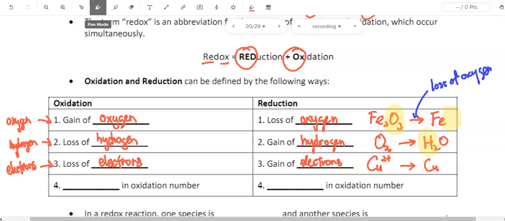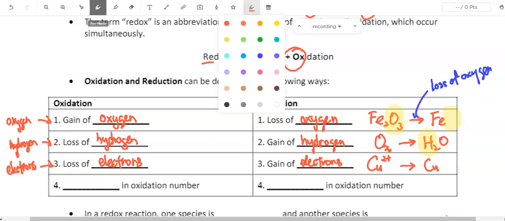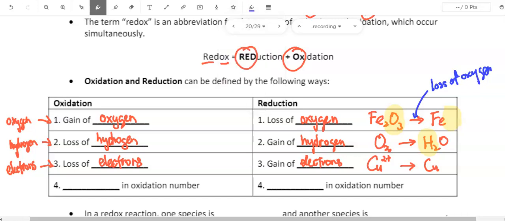For Cu2+ to become Cu, in the midst of the process it must have gained 2 electrons. So Cu2+ to Cu is a reduction process because there's a gain in electrons. I didn't give an oxidation example because I just want to focus on one side for now; later on, you will see more of them.